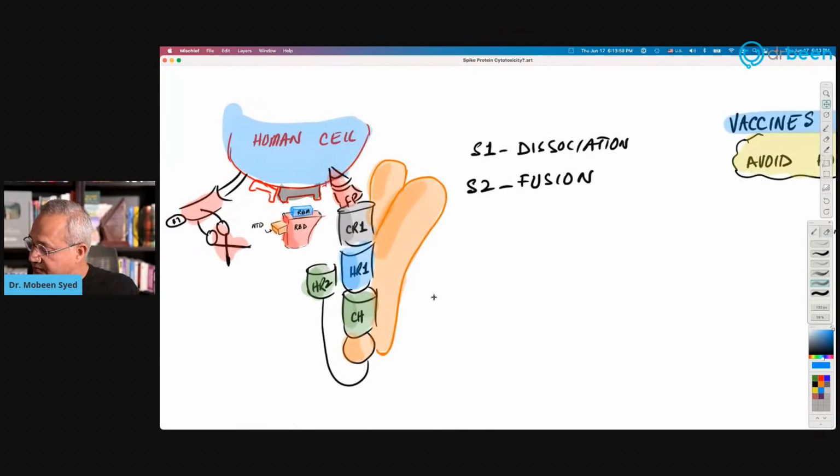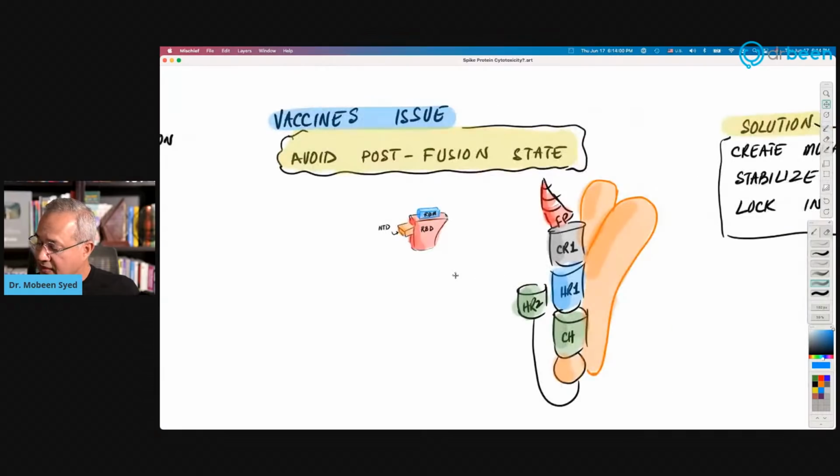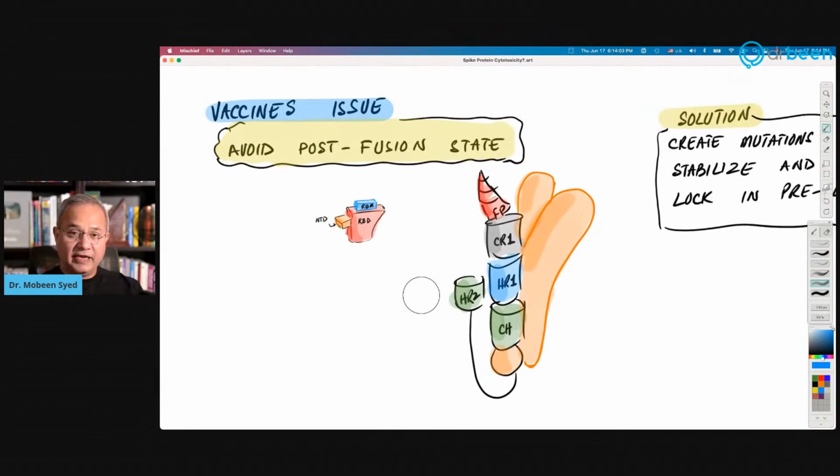So then what happens? We have a problem. If we humans, scientists, researchers, make this S protein through genetic material, and we take that genetic material from the virus itself, the S proteins that are formed, if you just drop them in our body, they would automatically open up. So imagine that we have a knife that closes, but if you just put it on the table, it would automatically open up.